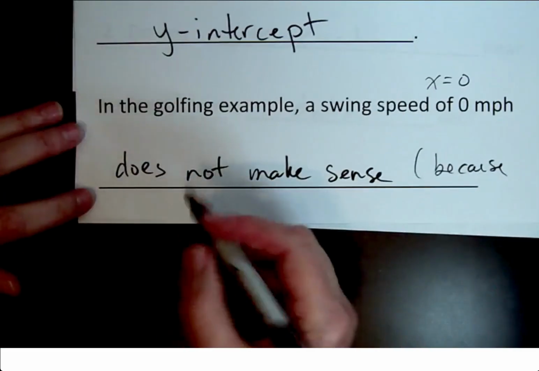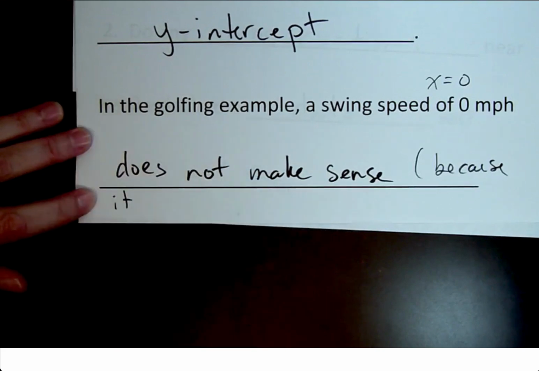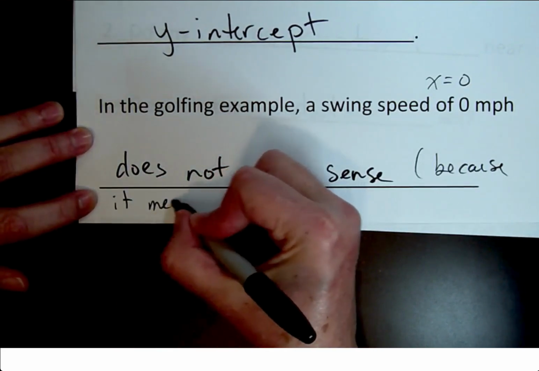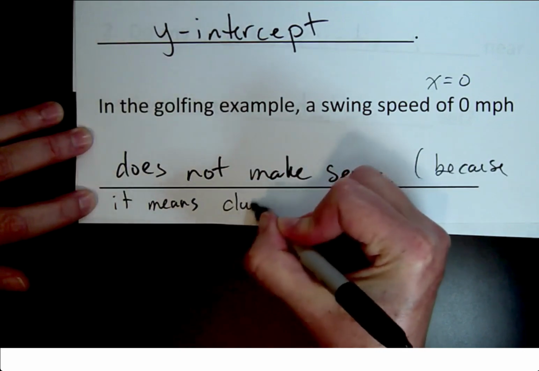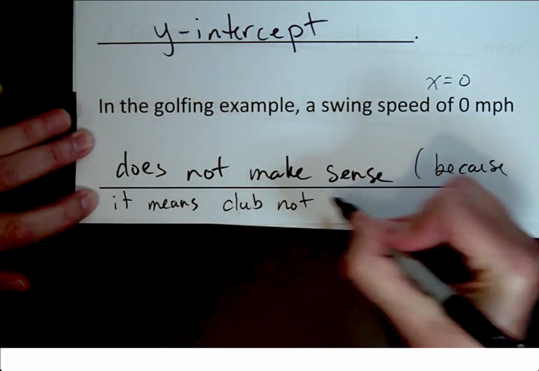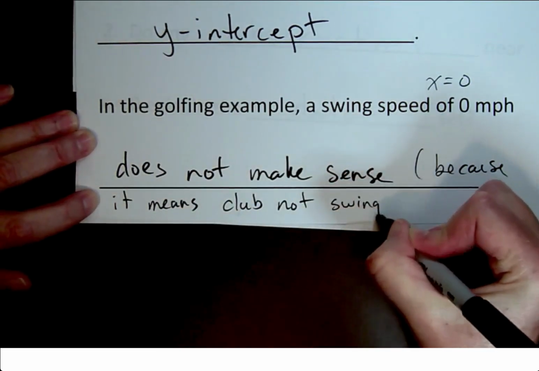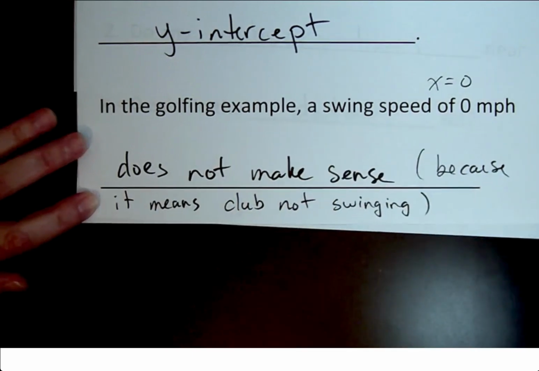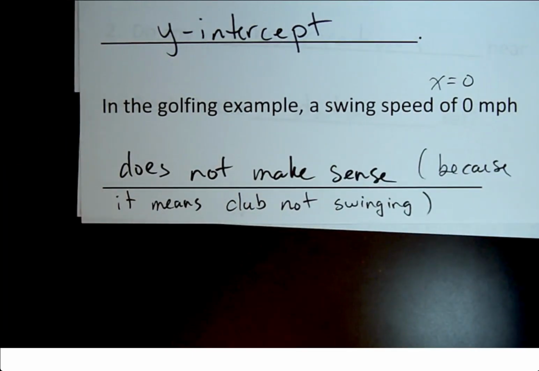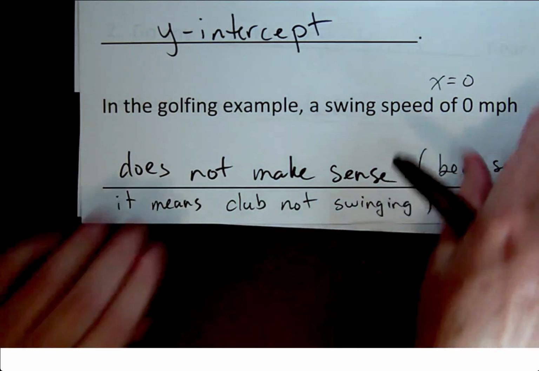If the speed of the club swing is 0, the club is just sitting there, not actually swinging. And if you're not swinging the club, you're not going to hit the ball. That doesn't make sense in terms of this situation. So we're just not going to try to interpret the y-intercept for this particular example.